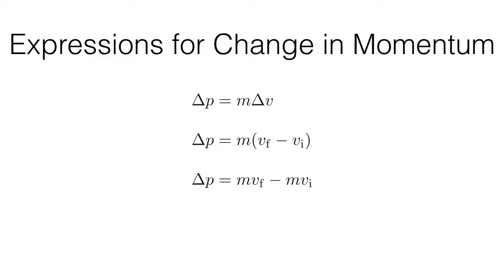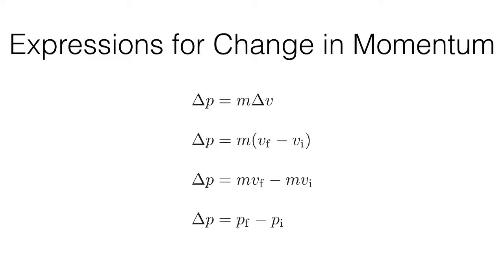The first one is mass times final velocity, and the second one is mass times initial velocity. So the first one represents the final momentum, and the second one, the initial momentum. And so we end up with change in momentum is final momentum minus initial momentum, which you probably had guessed already because it's change in, and change in anything is the final value minus the initial value.